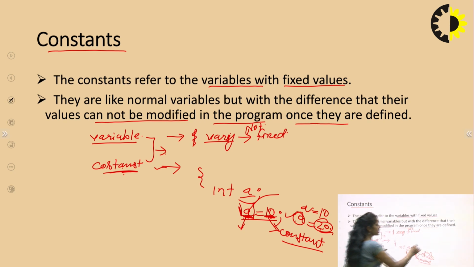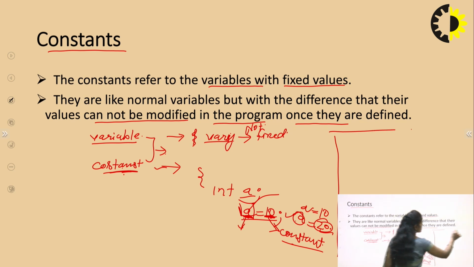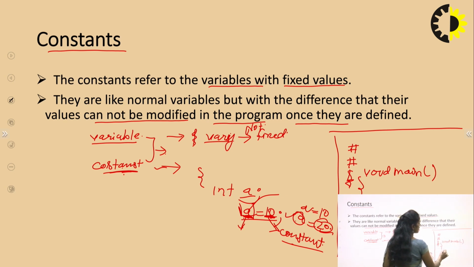The meaning of this statement is the same as, if I am saying that here we have a program with a main function, and here I am declaring a variable with value 10.